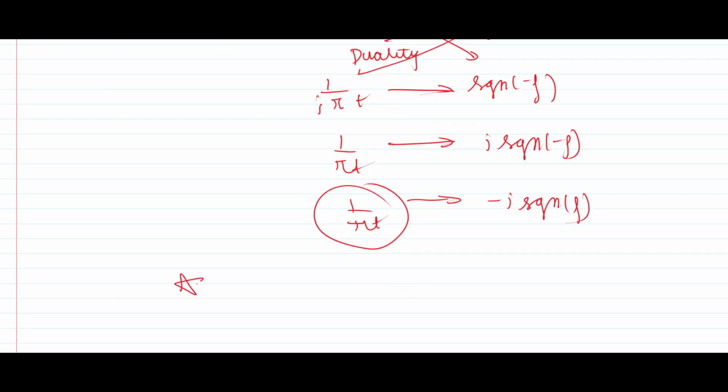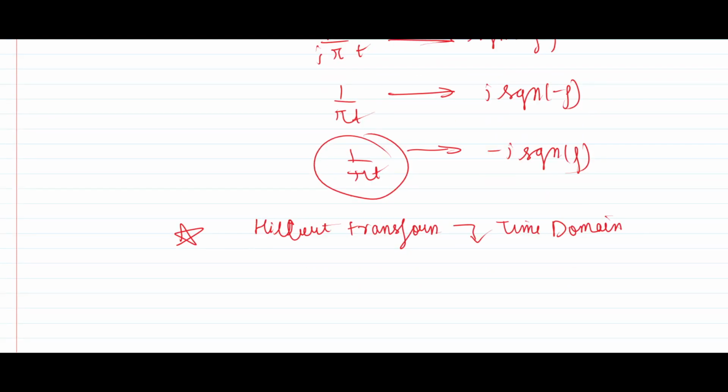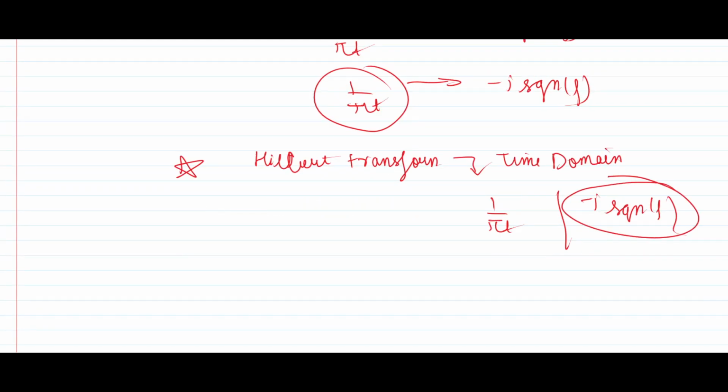So two things you need to remember: Hilbert transform in time domain is 1 upon pi t, and in frequency domain is minus j signum function of f. This is clear.